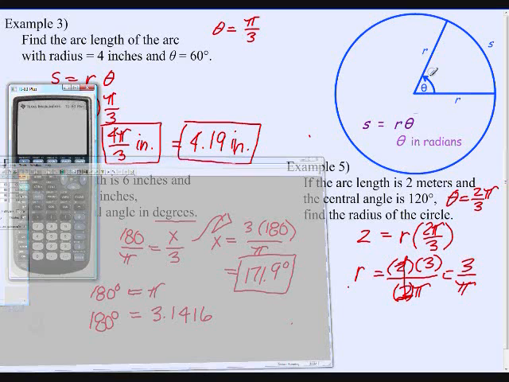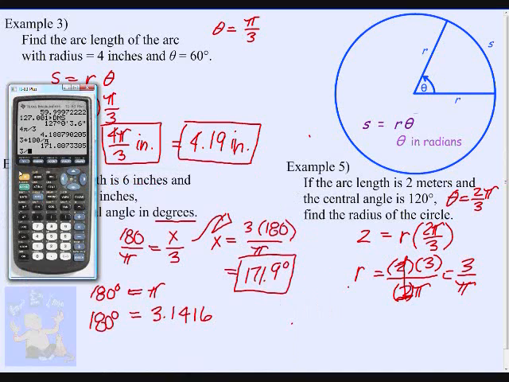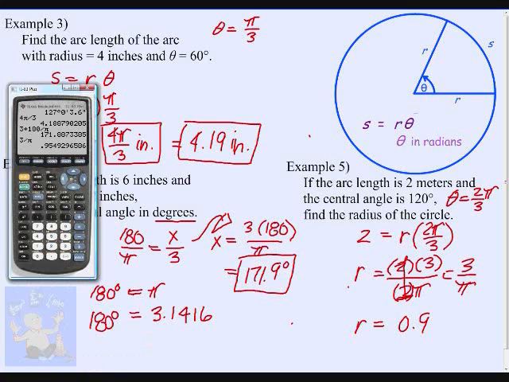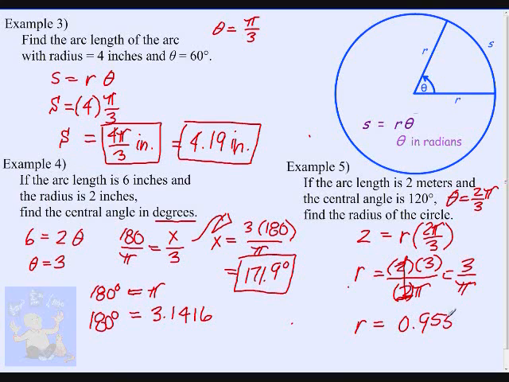Turn it on. 3 divided by pi. So the radius is 0.955, we'll say. And what are we talking about? Meters. Does that make sense to us? 2 meters, if the radius is almost 1, 2 meters would pretty much take us over to around 120, wouldn't it?